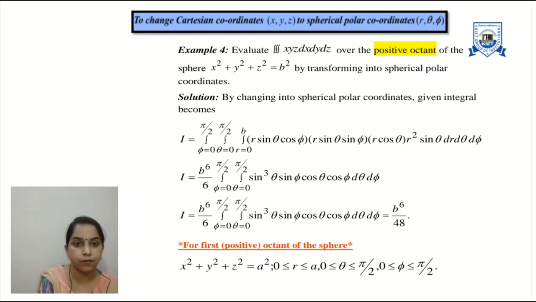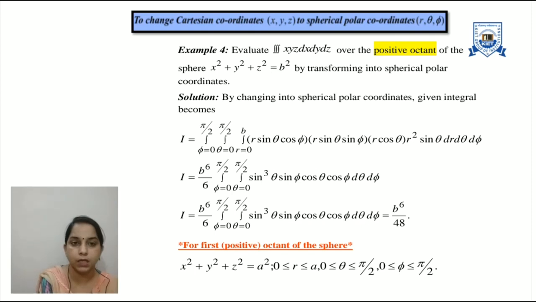When we integrate with respect to theta, phi is considered as constant, and when we integrate with respect to phi, theta is considered a constant, and in constant limits we can integrate with respect to any of the variables.